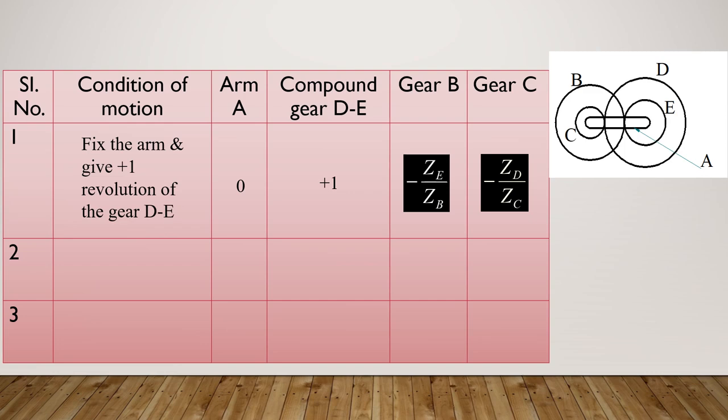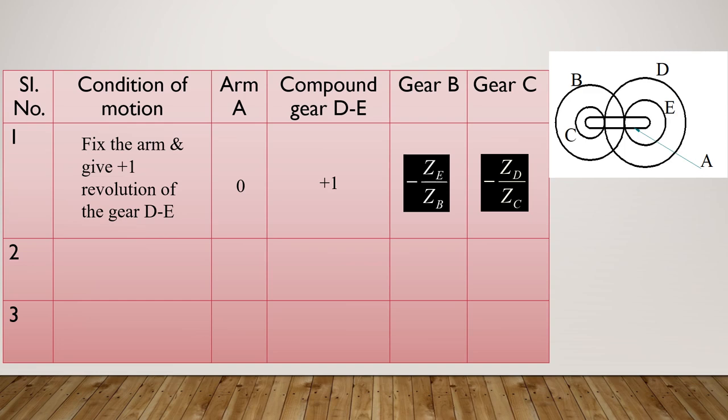So you can see here arm A is 0 speed, compound gear DE is +1. Now gear B is meshing with which gear? As I already told, this gear is the driver gear. Out of D and E, which is in mesh with gear B?